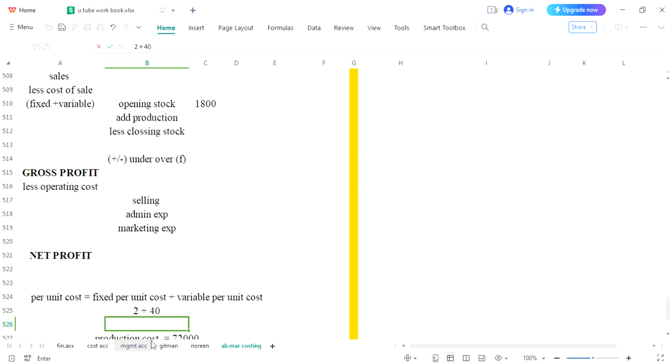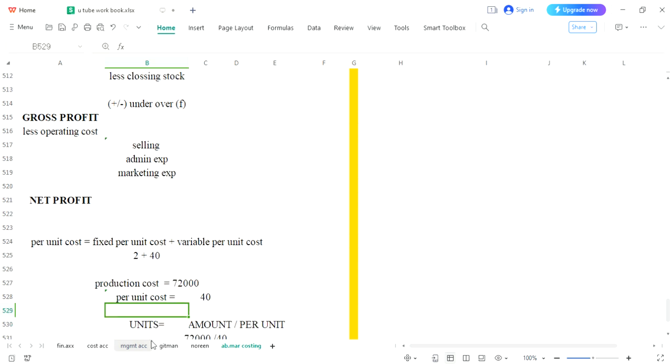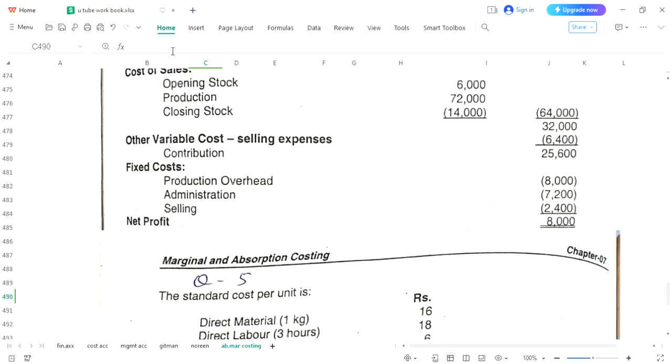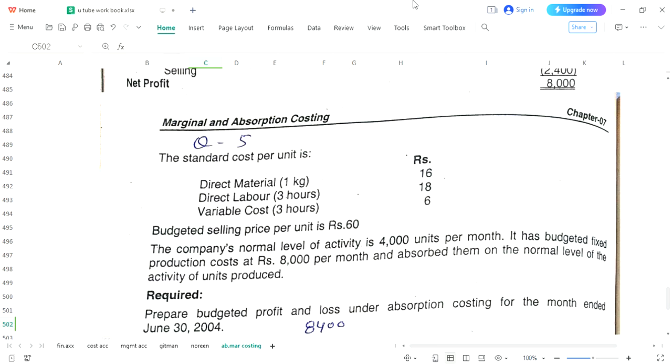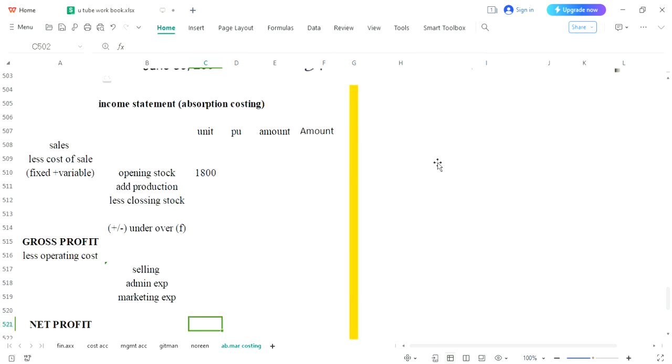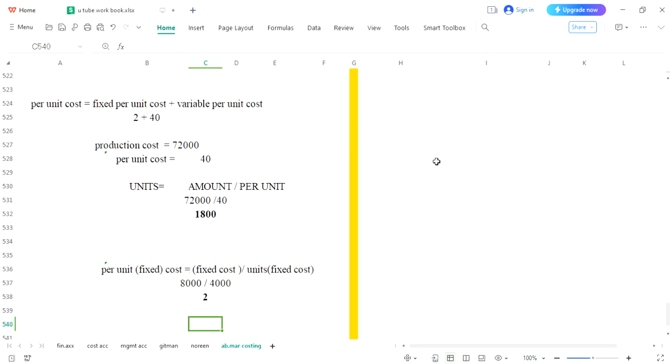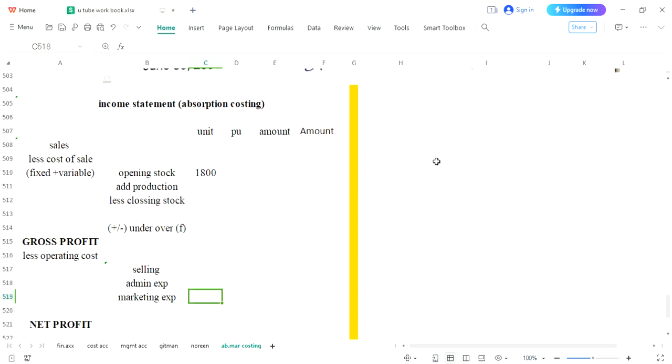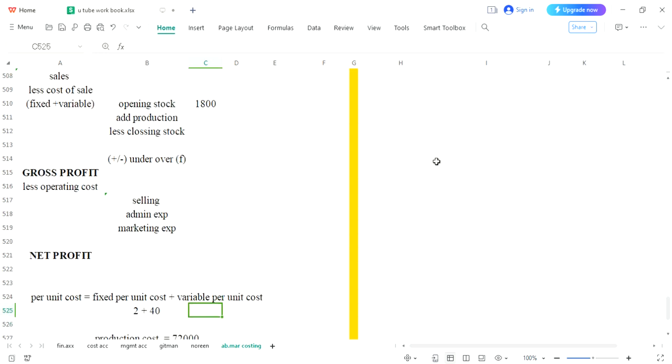How did we calculate it? Please focus over here: 16, 18 and 6, and this was given in our question. This way both costs are now completed. We have our new per unit cost, which is 42.